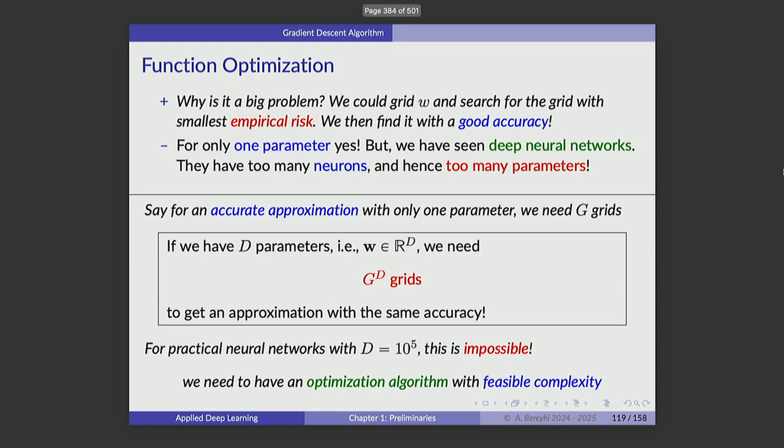For instance, say that you have a neural network with 100,000 parameters. Is it so weird? No. I mean, the simplest neural networks that you can think of right now have many more parameters than this one, right? Now, think of only 10 grid points, not even larger than that. Then it's going to be 10 to power 100,000, a 1 with 5 zeros after it, right? How much time do you need to search that?